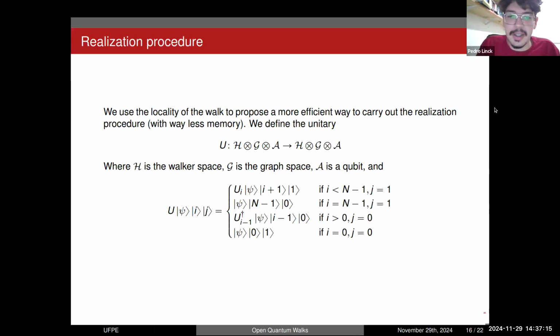So to make U unitary, you have to change the state of the control, let's say from 1 to 0, when you are on the boundaries. If you did not have boundaries, this problem would not exist. For example, if you have a circular open quantum walk, then we don't need the boundary conditions and everything stays marvelous.